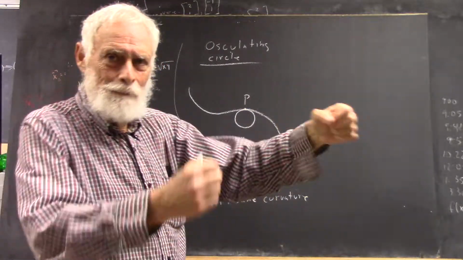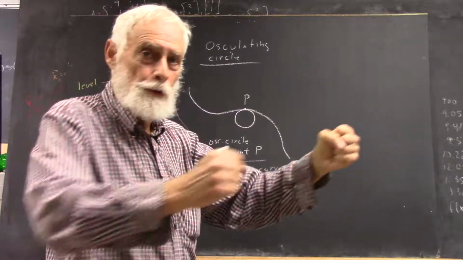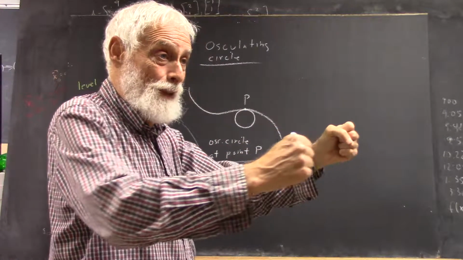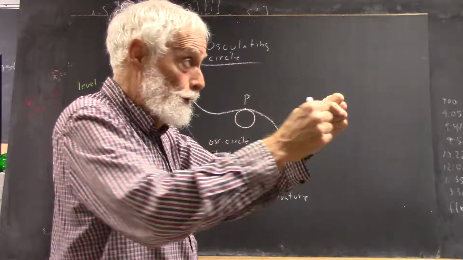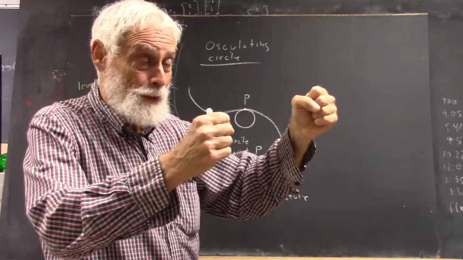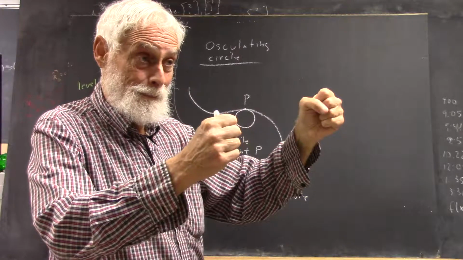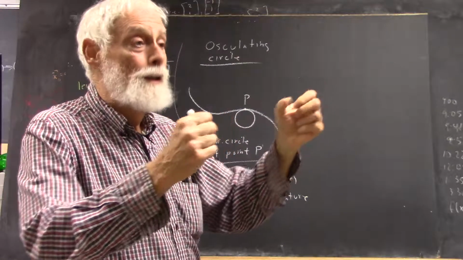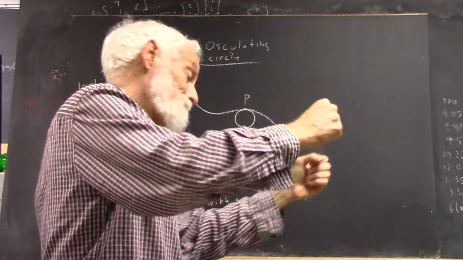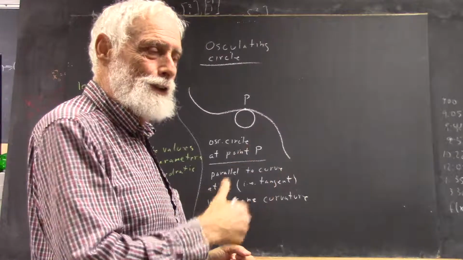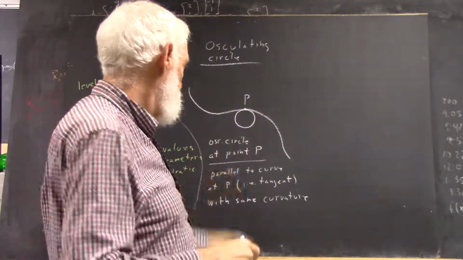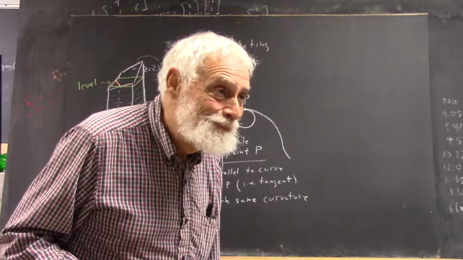If you're flying an airplane and you're making a turn in this direction, well, you're looking straight ahead as you turn, right? So your unit tangent vector gives you the direction in which you're looking. You're also accelerating. Of course, that acceleration combined with how fast you're moving tells you what your curvature is.